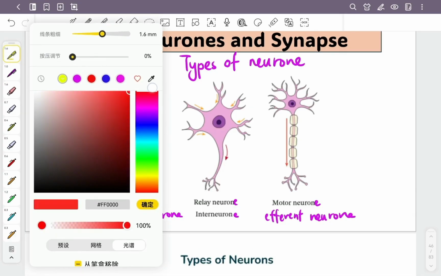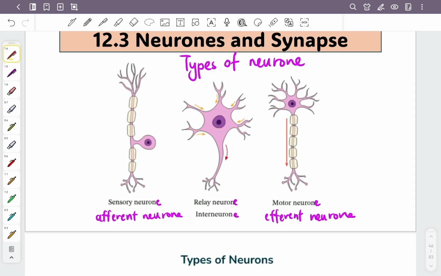But for each of them, we can use either one of the names. So how do you remember? First, you remember A comes after, E comes before. So for efferent, you know, first you have the sensory, which is the receptor, then it goes to your brain, then goes to your effector.